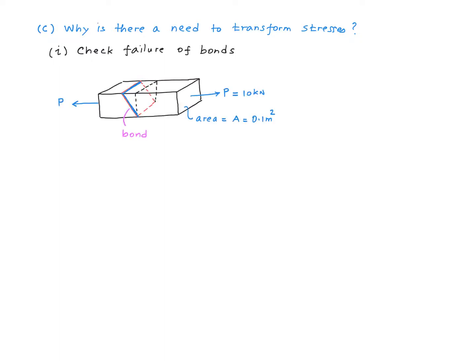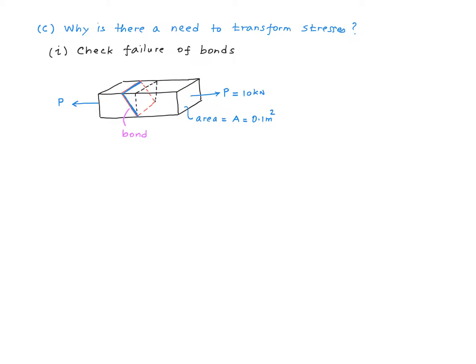Say we have a rectangular one-dimensional member like shown in this picture subjected to an axial force of 10 kilonewton. Supposing, say, this one-dimensional member was formed by bonding two separate pieces, using a glue along this inclined plane.